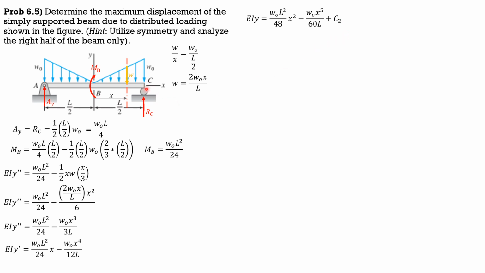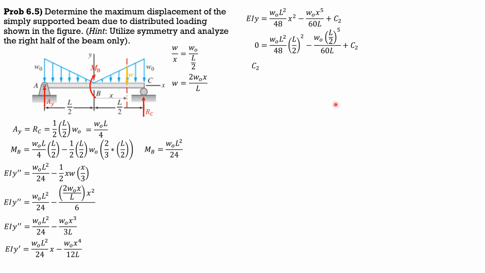Let's evaluate C_2. When X is L/2, at C, y is 0. So 0 equals W_O L²/48 times (L/2)² minus W_O (L/2)⁵/60L plus C_2. So C_2 is W_O L⁴/(32 times 60) minus W_O L⁴/(48 times 4).